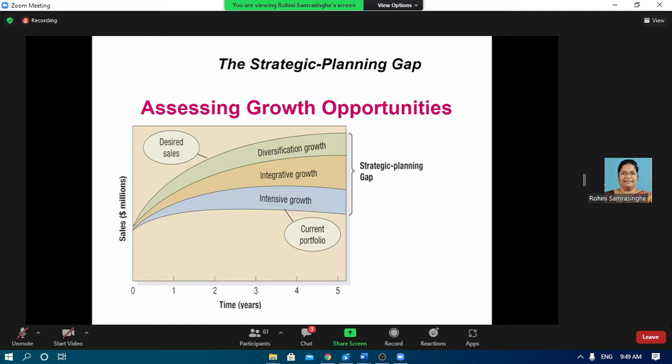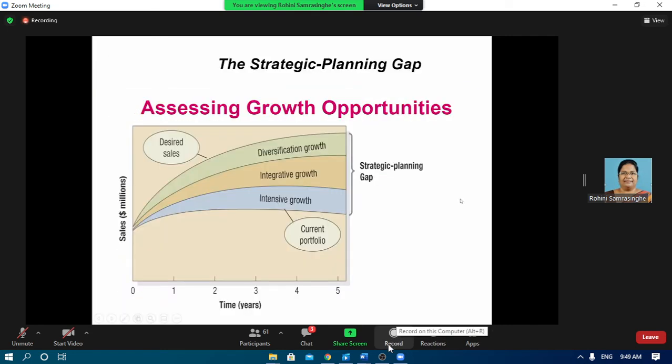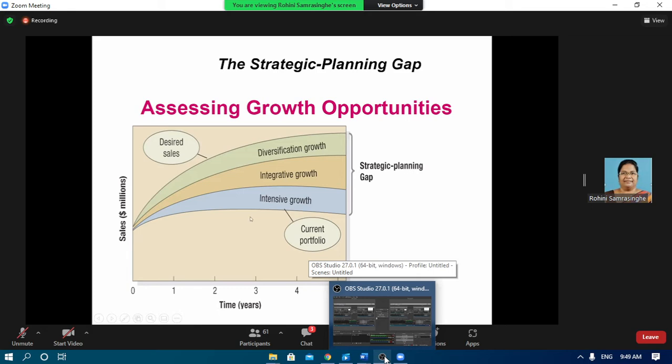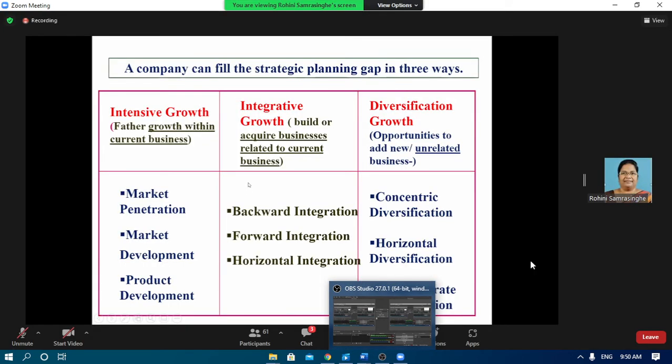If a company goes through the intensive growth strategy, these are the immediate decisions or strategies a company can use to get more customers or more sales, right? Here you can see three types of strategies we can look at from different angles.